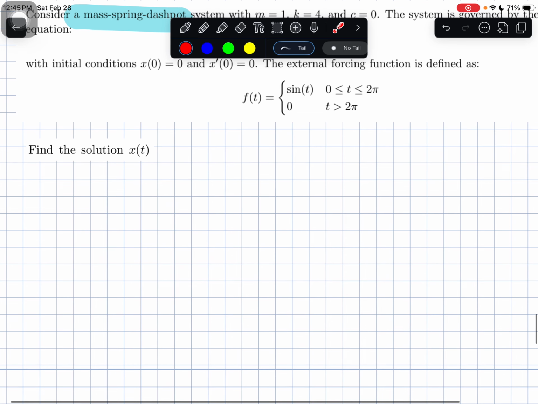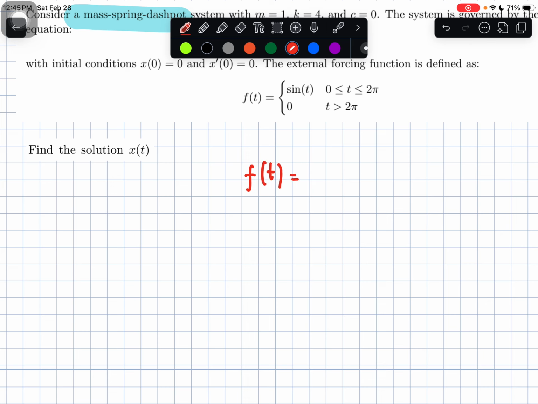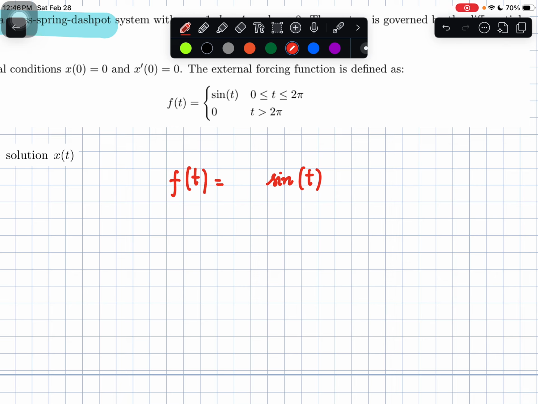I first write down f(t) as just one formula, to apply the Laplace transform of the function involving the unit step function. So we have the signal sin(t) starting from the time 0, so it's sin(t). And now, starting from the time 2π, we want to cancel this signal out. So this is u(t minus 2π), starting from 2π.